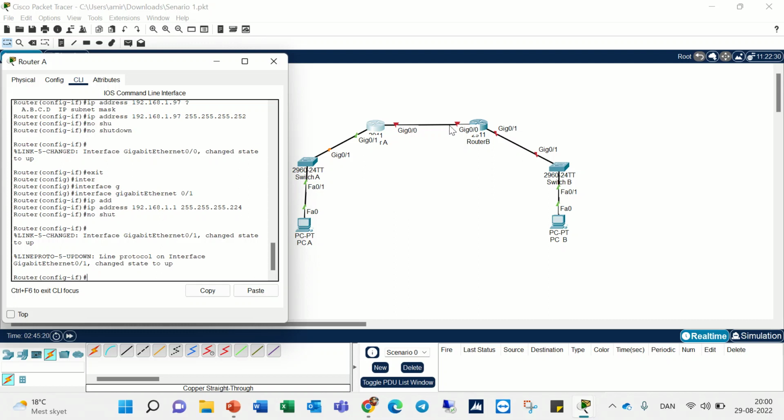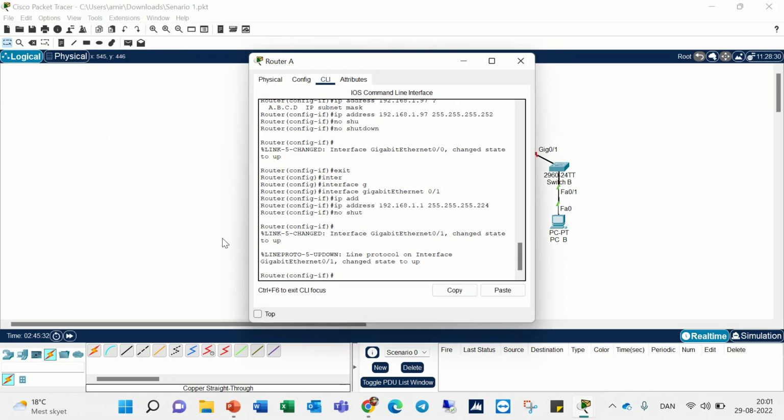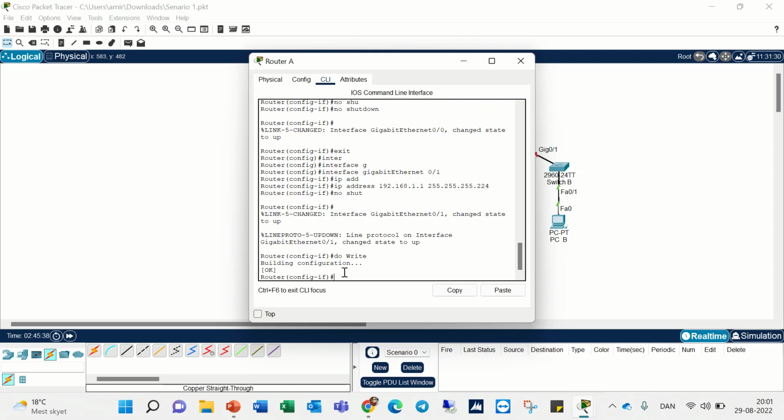But here no, because this router is waiting for the other side and cannot be up until the other side is also up. You can also save all of the information here.